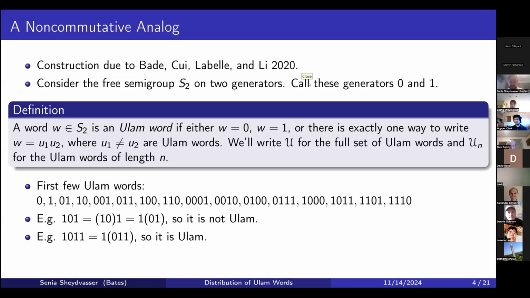There's a question in chat in terms of why do we ask that these words be distinct? We could drop this restriction. Bade et al. actually looked at this. But what happens if you do this is that the set actually becomes very easy to work out. It becomes something trivial.